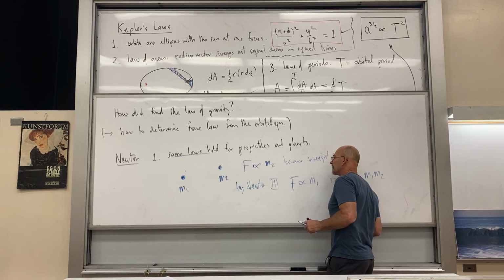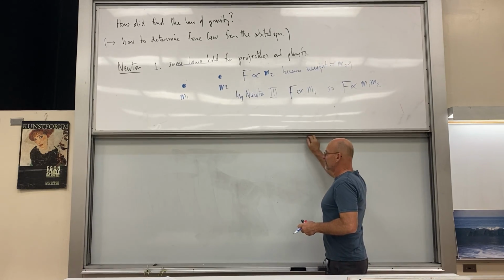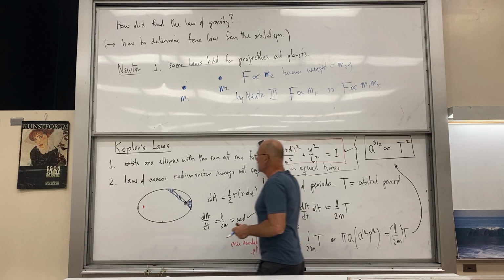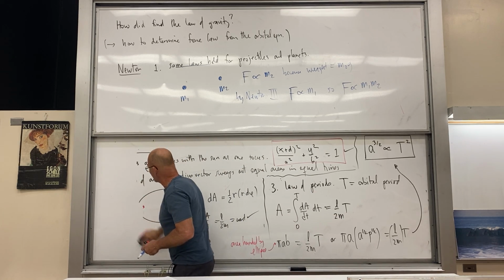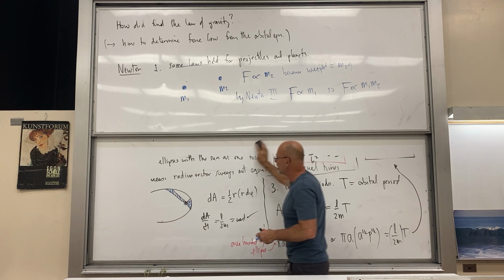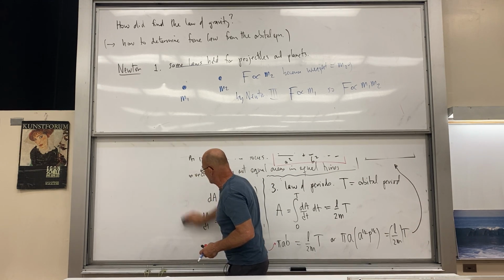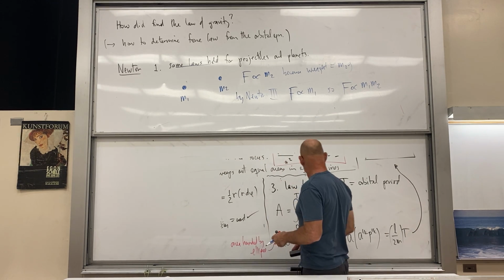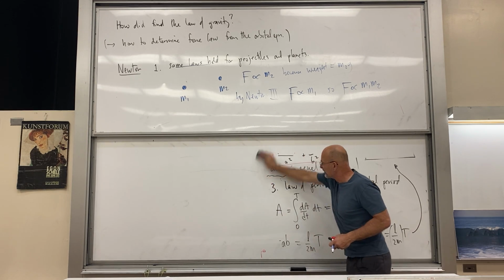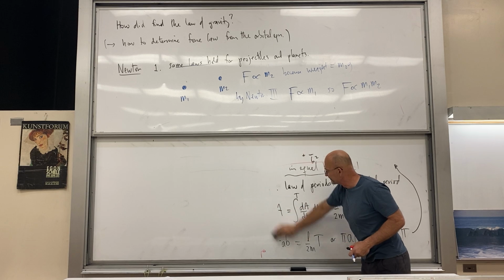Next, we now consider a circular orbit. Just circular orbit as in uniform circular motion. I just erased Kepler's third law. It doesn't matter. But this is where that's going to come in.